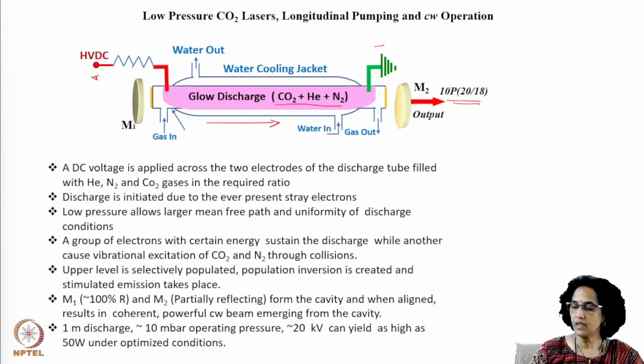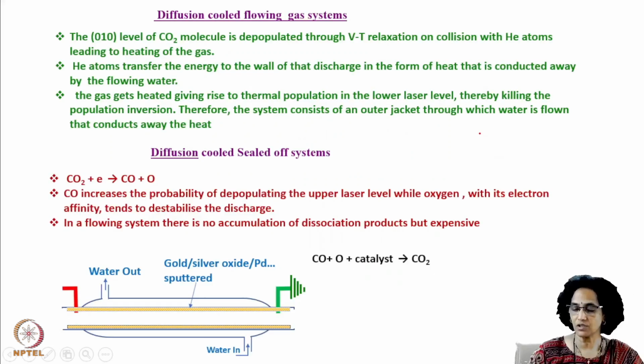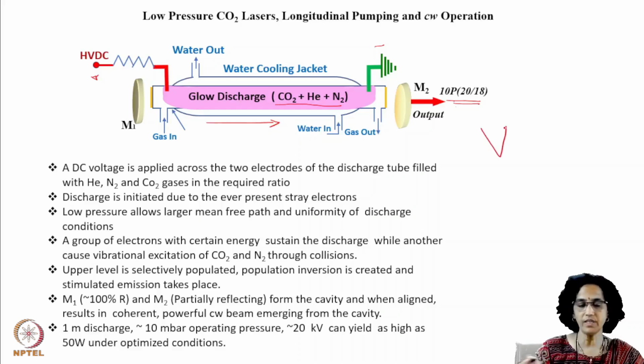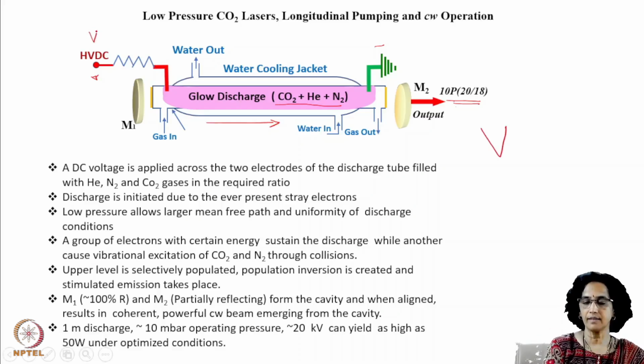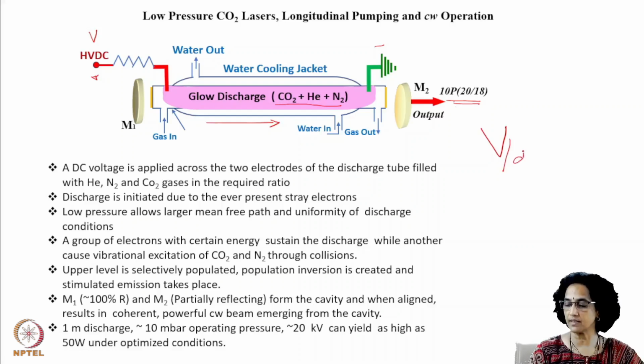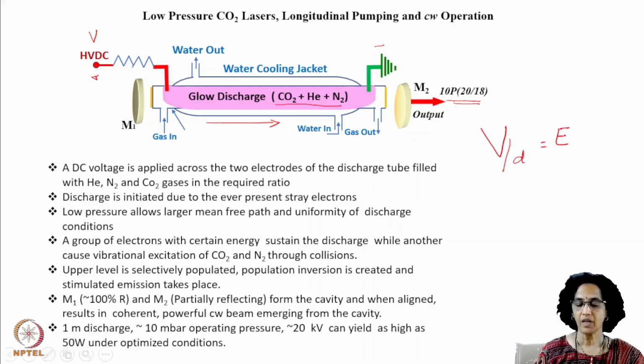If V is the voltage that is applied, and the separation between the electrodes is d, then the electric field is V by d.